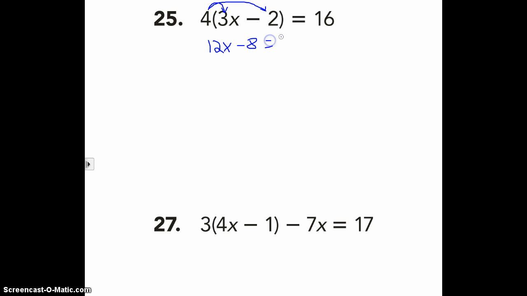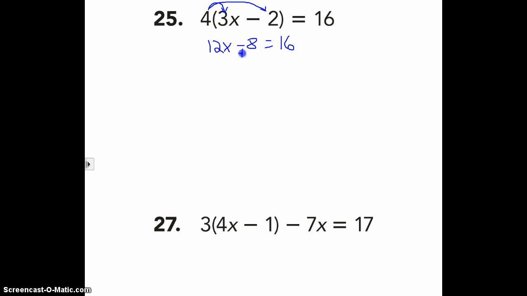So right now I haven't done anything to solve the equation. I'm just simplifying this factored side. So now it's in expanded form, and it looks the same as the equations we solved in previous lessons. We have a minus 8 connected to the 12x.